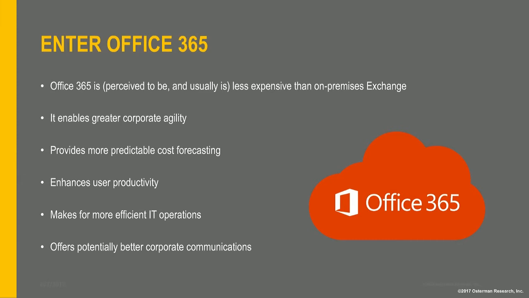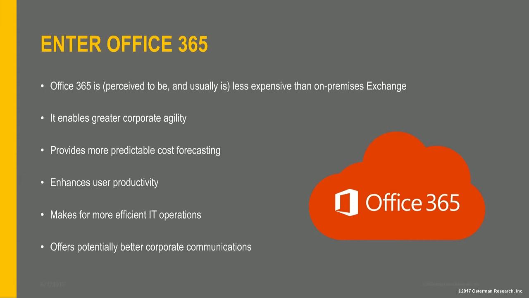We've done a number of surveys looking at the adoption patterns for Office 365, and what we're finding is that by about the end of 2018, the majority of business users will be using some version of Office 365 or Exchange Online, which is basically the email component within 365.